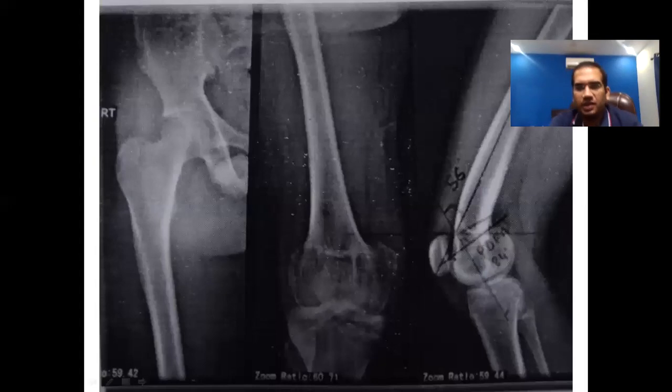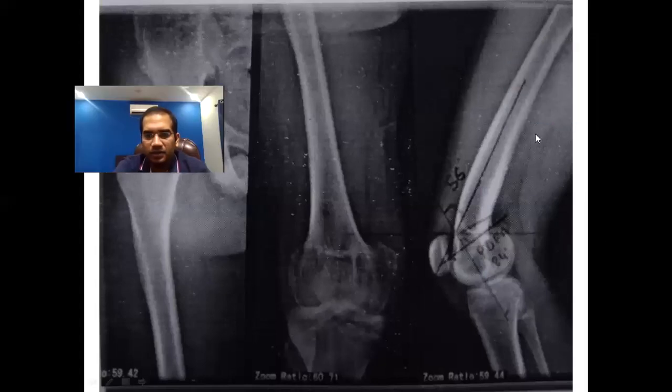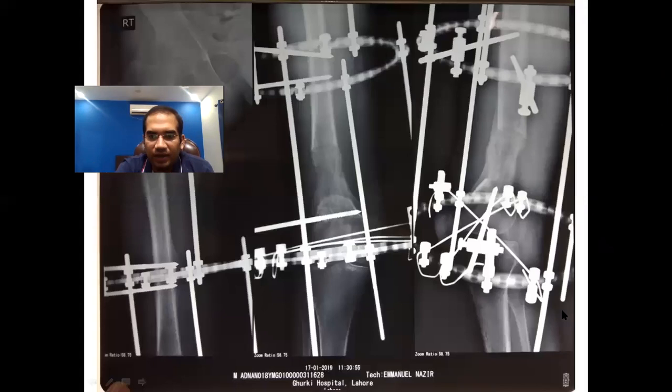There you can see in this X-ray, there is a deformity in the femur. I found out that the magnitude of the deformity is 56 degrees. Okay, and the whole deformity was not bony, there was a soft tissue element as well, so I did a slight degree of hyperextension as well.